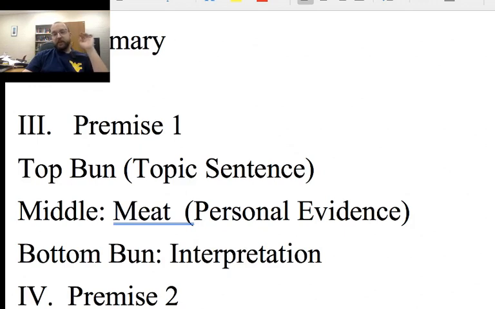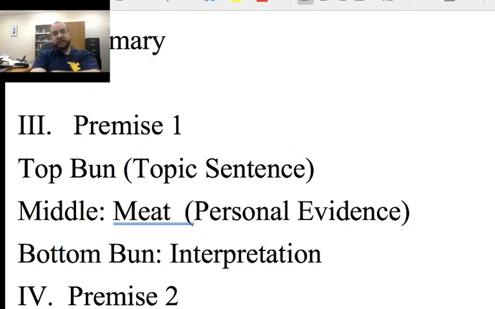So in a good paragraph, or maybe a couple of paragraphs, maybe you could think about this in sections rather than paragraphs. In a good section, you're going to have at the beginning a topic sentence, or the bun of the burger. You're going to have a topic sentence that relates back to your thesis.